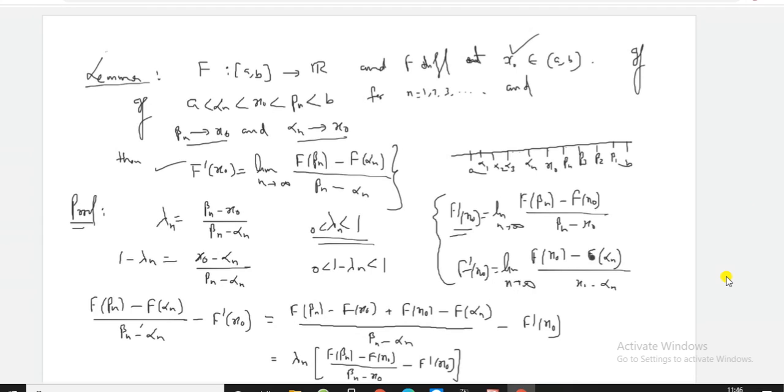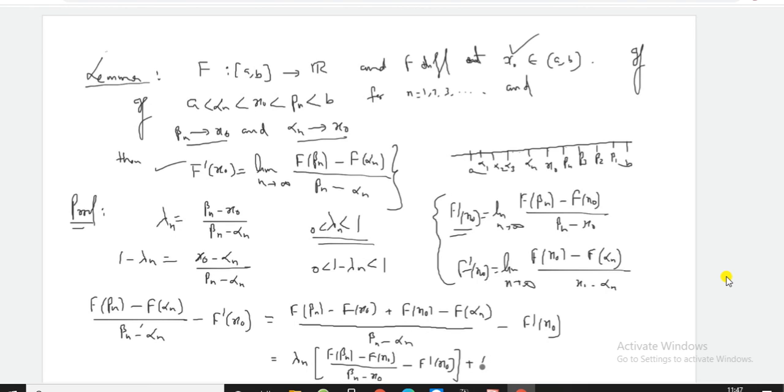So f x0 minus f alpha n, you need in the denominator this x0 minus alpha n. So again multiply and divide by x0 minus alpha n. So x0 minus alpha n divided by beta n minus alpha n is nothing but 1 minus lambda n.